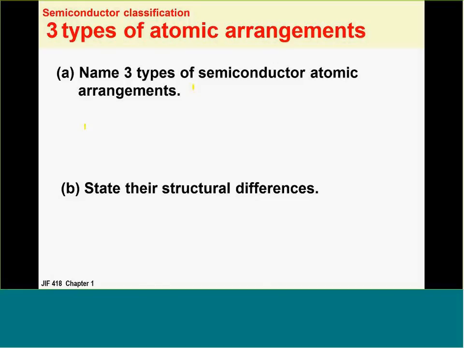So you can cakap them in terms of periodicity, or you can also talk about long range order and order stops at grain boundary, or dia short range order. So dia ada 2 lah cara for you to state their structural differences.